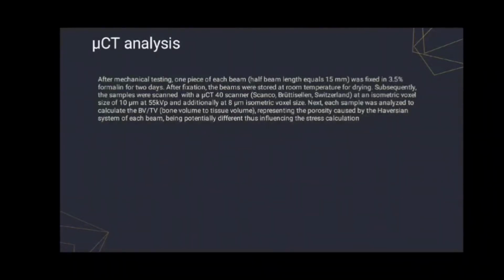Subsequently, the samples were scanned with a micro-CT 40 scanner at an isometric voxel size of 10 micrometers at 55 kilovolt peak, and additionally at 8 micrometer isometric voxel size. Next, each sample was analyzed to calculate the bone volume to tissue volume, representing the porosity caused by the Haversian system, for each beam being potentially different, thus influencing the stress calculation.